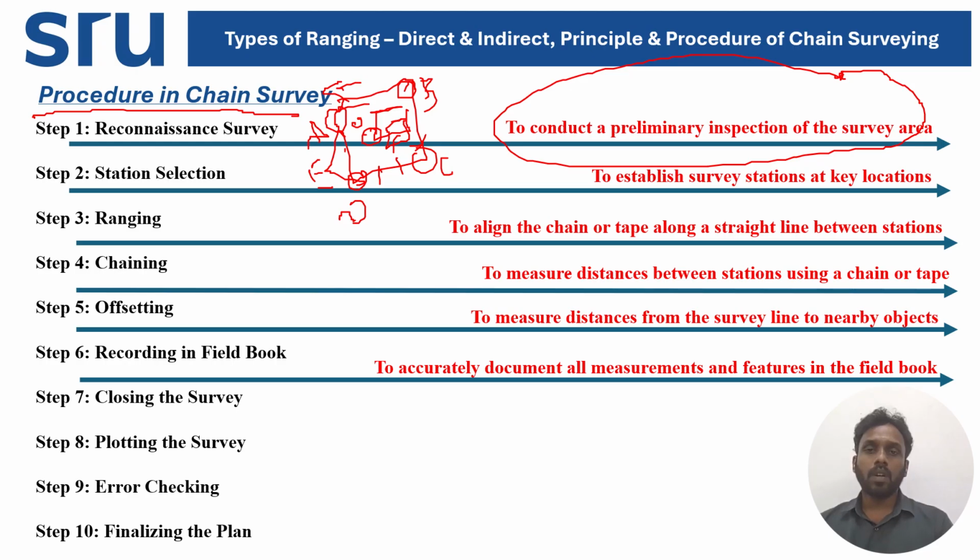So accurately document all measurements and features in the field book, right? The measurement you are taking should be exactly marked in your field book, because that measurement is the data you are giving to your client regarding your survey. So there should not be any mismatch. There's a huge possibility of human errors, because a lot of people are involved in this entire process, right? There may be miscommunication and missing data.